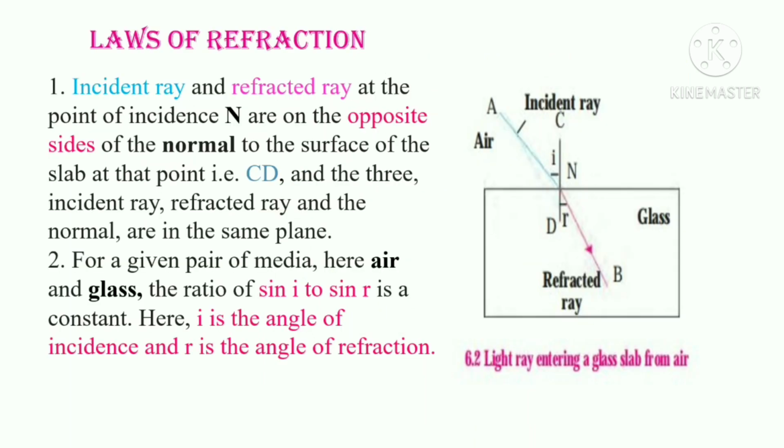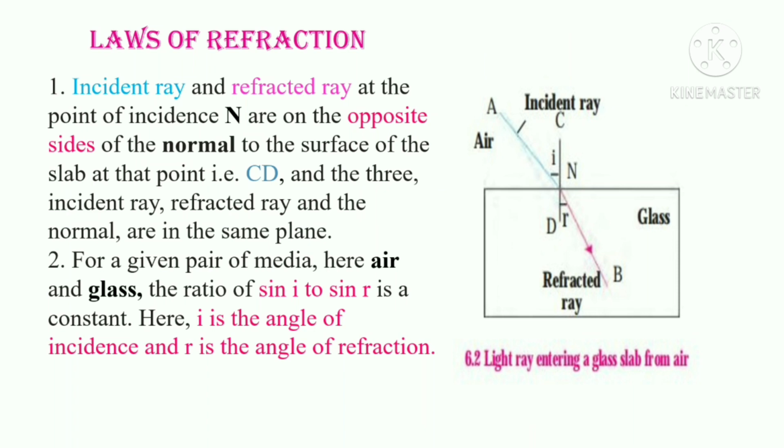Laws of refraction. The incident ray and refracted ray at the point of incidence N are on the opposite sides of the normal to the surface of the slab at that point, that is CD, and the three, that is the incident ray, refracted ray and the normal, are in the same plane.